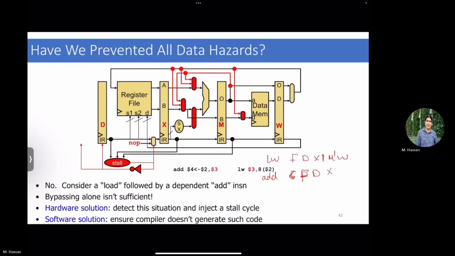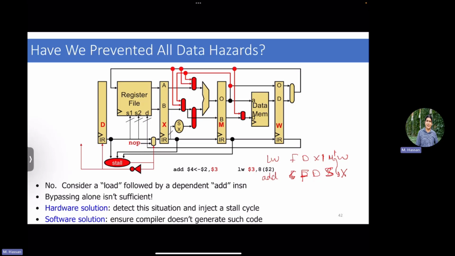So forwarding doesn't work. And your only possible solution is to simply stall for one cycle, insert a bubble, and then do the execution once it's done, right? So this is one very unique example where forwarding or bypassing does not really help you, and it does not completely hide the stalling time. In all previous examples, we didn't need to stall at all.